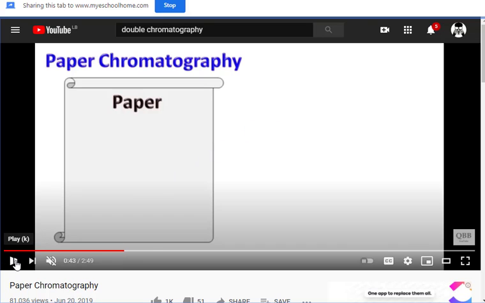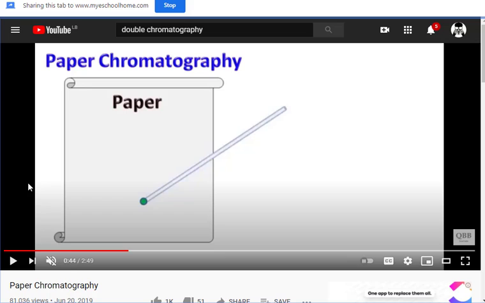First, Khalid, I put the mixture of the amino acids as a point in the middle of the paper. This is not any paper, this is called the chromatography paper, meaning paper specific for absorbing liquids.